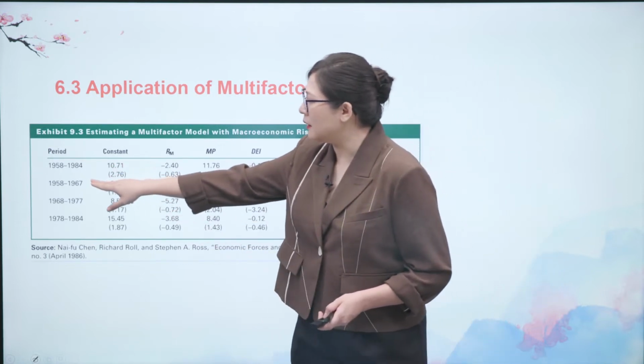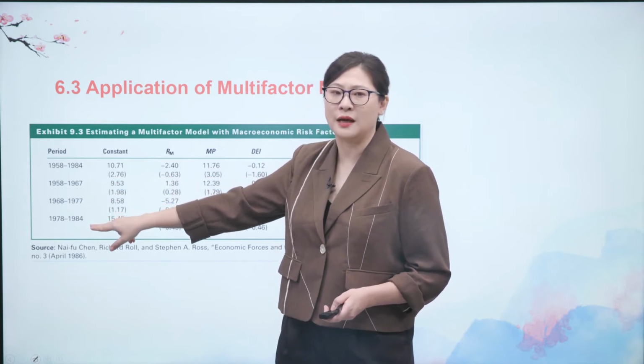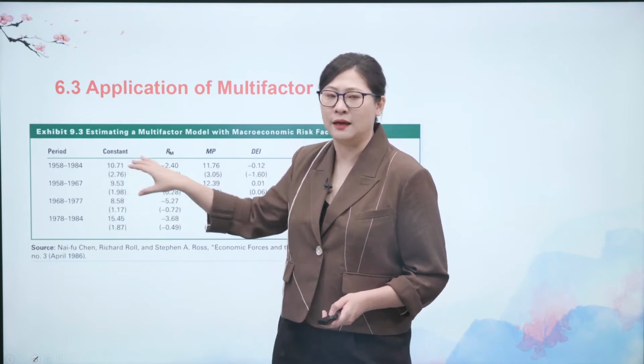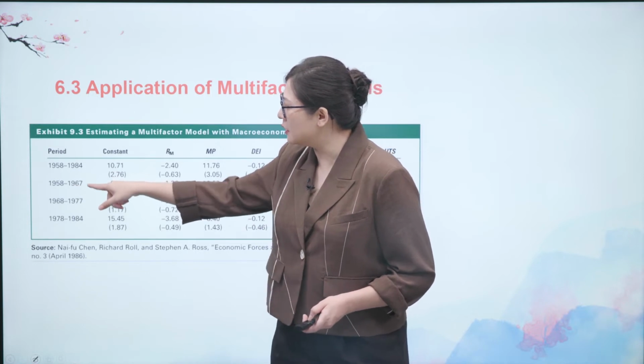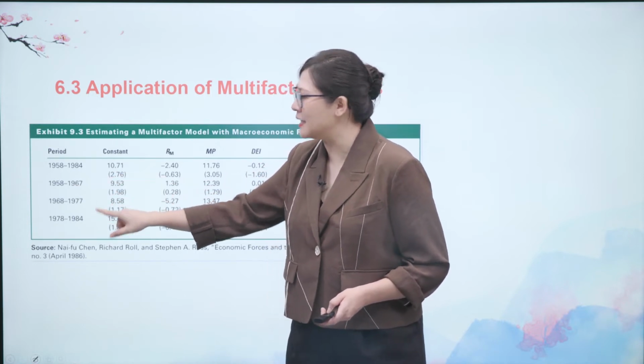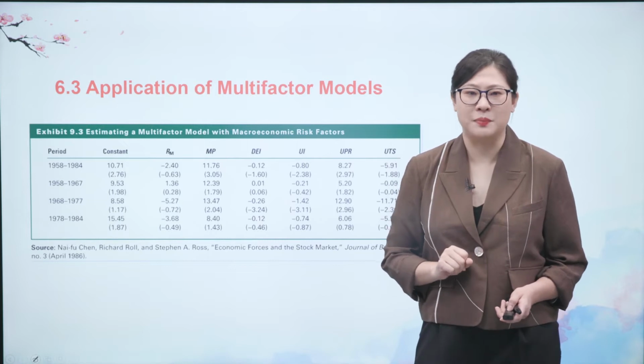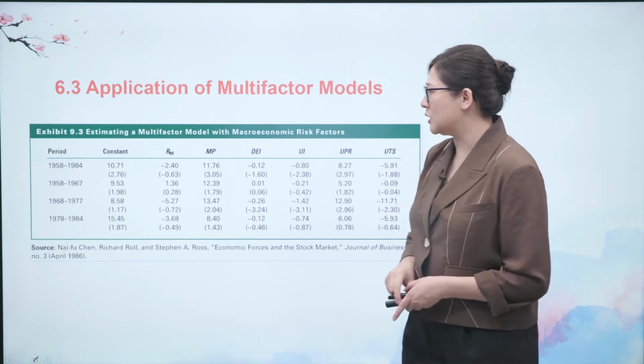These three different time periods are subsets, so we subset it by 10 years, and the rest of the time period. So let's have a look at the result here.